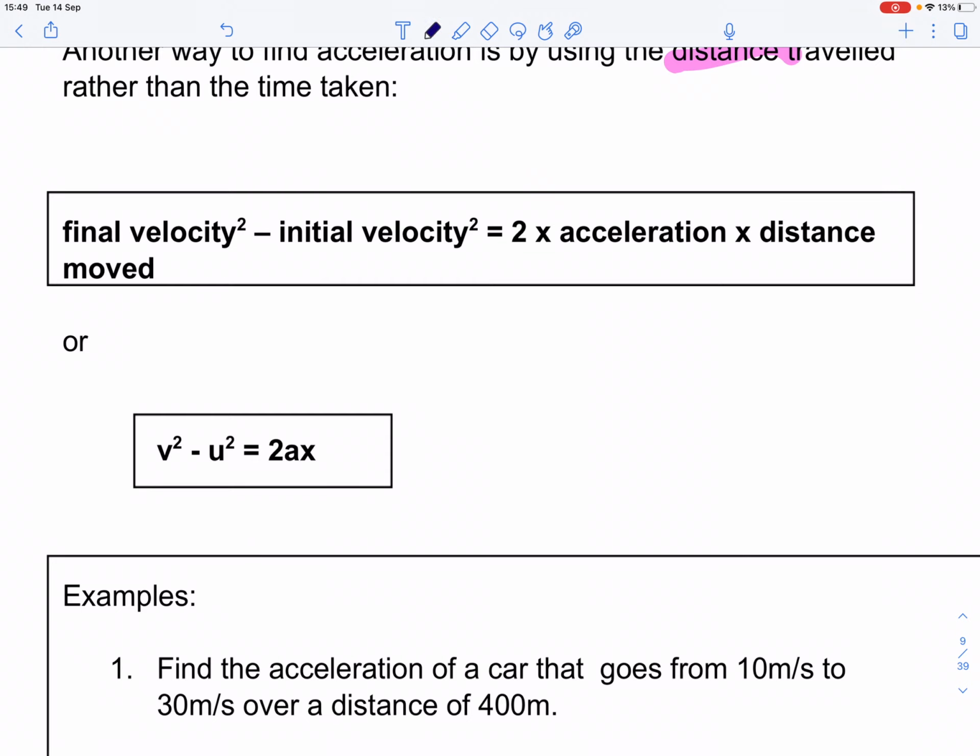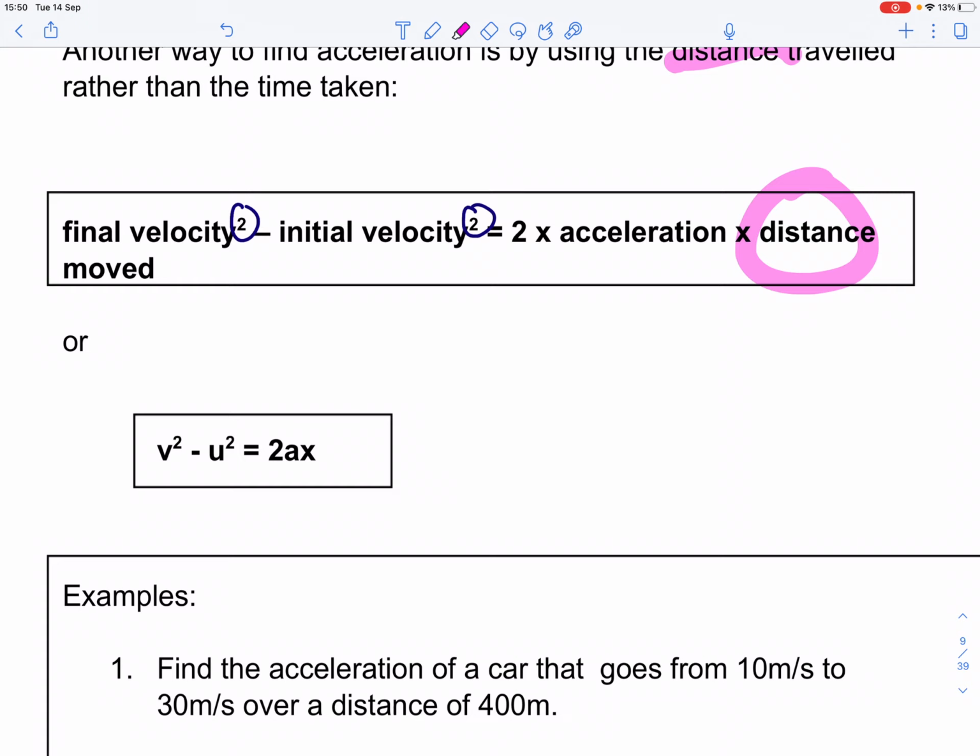The equation is the final velocity squared minus the initial velocity squared is equal to 2, which is just the number 2, multiplied by the acceleration, multiplied by the distance moved. So here we have distance moved instead of time. We will use this one when we know the distance that the object has travelled rather than the time that it's taken to go from the initial to the final velocity.